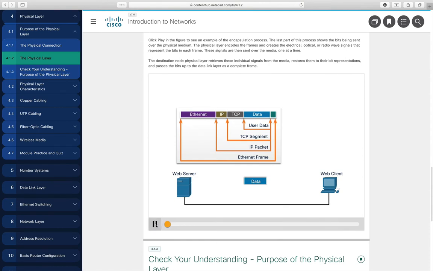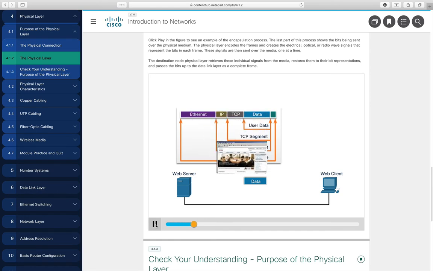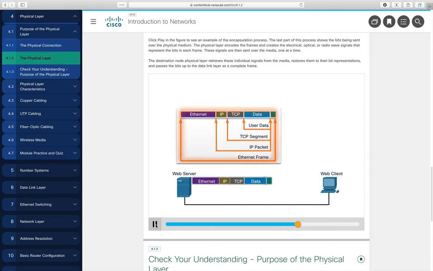So we've seen this graphic a number of times. Basically what we're doing is encapsulating data and breaking that into TCP segments. We then pack those TCP segments into an IP packet, which in turn gets stuffed into an Ethernet frame.